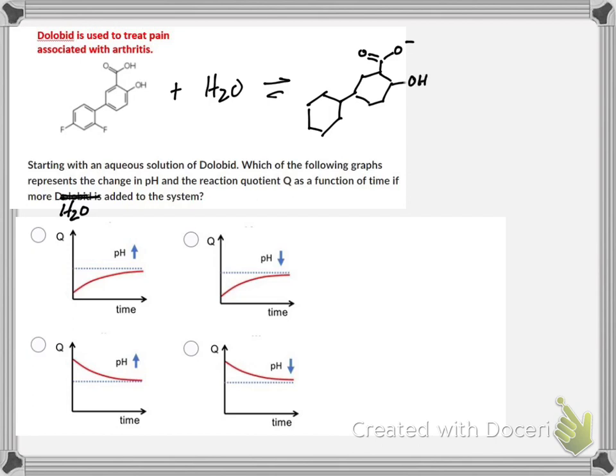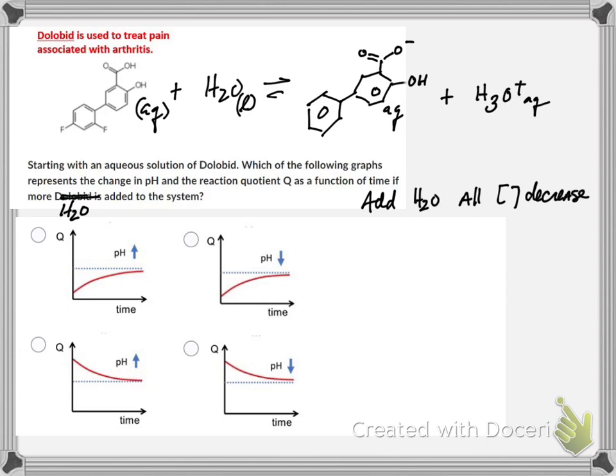So the way water affects all of the substances is not through any direct effect on Q or rate laws, but just by lowering all the concentrations. If you add water, you just lower all the concentrations. And that's the key to water problems: you don't think of water as being in the rate law or in Q directly, but it indirectly changes all the concentrations.